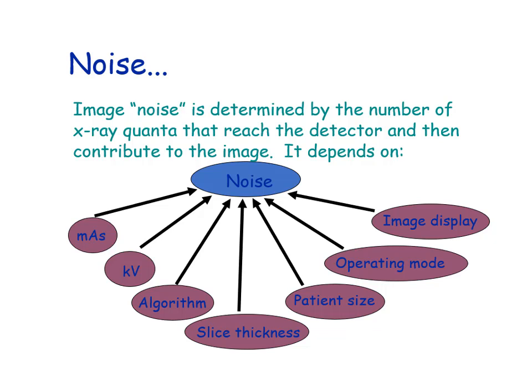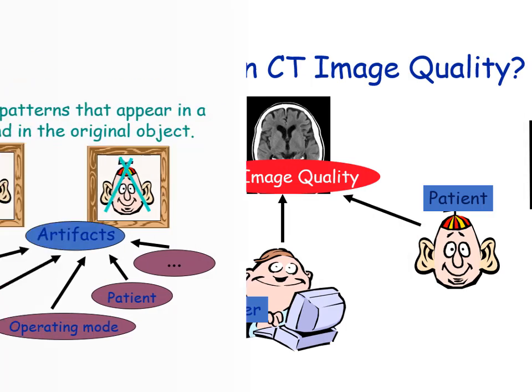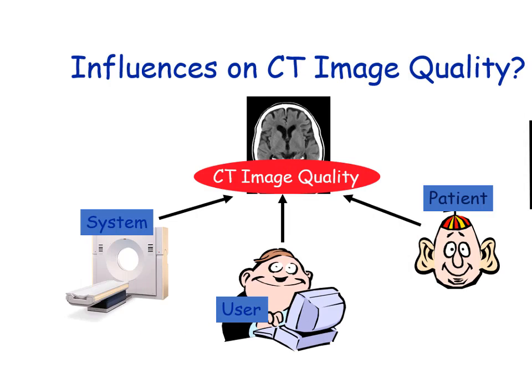Image noise is determined by the number of X-ray quanta that reach the detector and then contribute to the image. It depends on noise. The various structures, user, patient, system, influences on CT image quality.